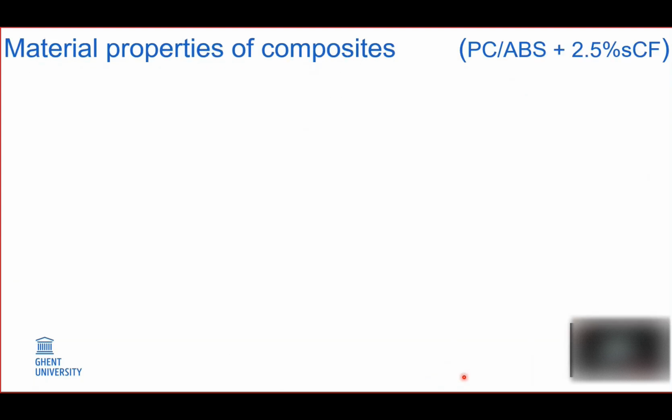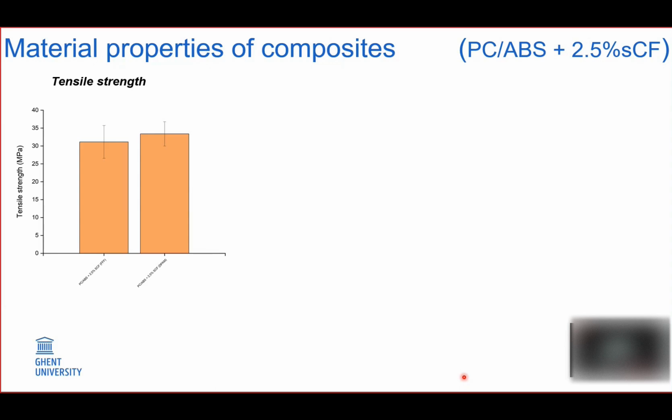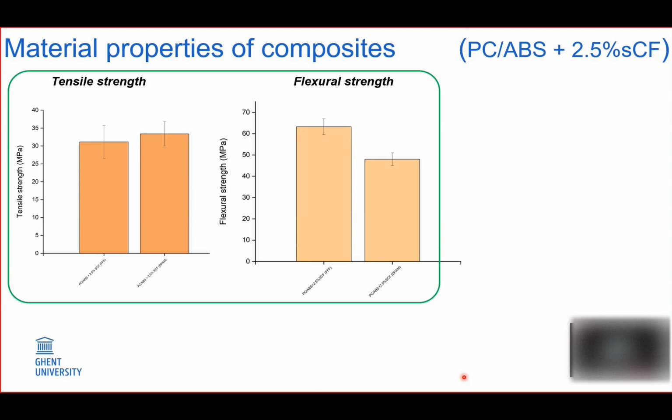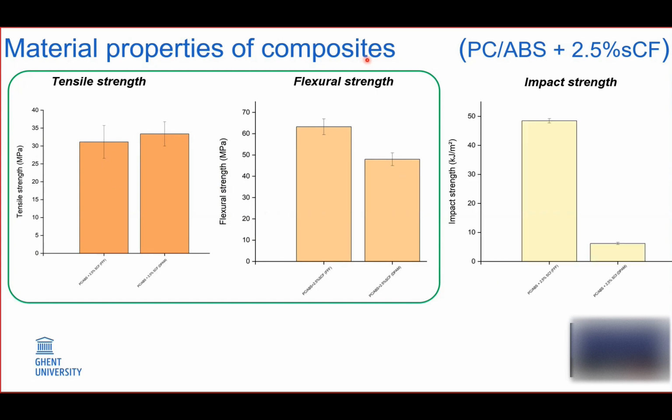But what about the material properties? We tested the tensile stress and the flexural stress, and in both cases the results are comparable. We see a very small difference in the tensile properties, while in the flexural properties the difference is larger but still not orders of magnitude. So we consider that the material properties are quite acceptable despite the roughness of the surface.